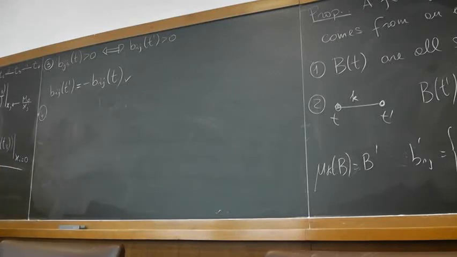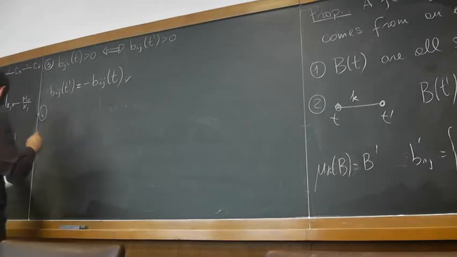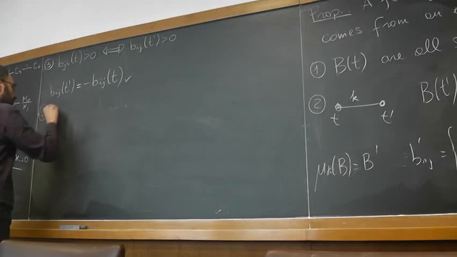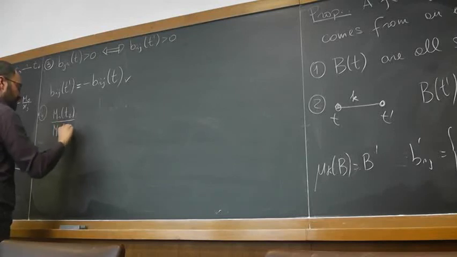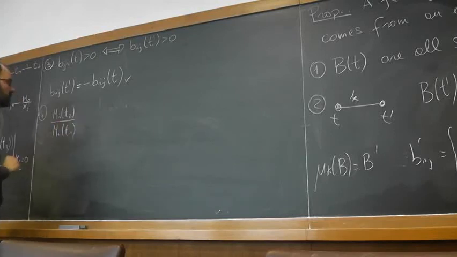So let's see how to express these quotients, M_it2 divided by M_it1.